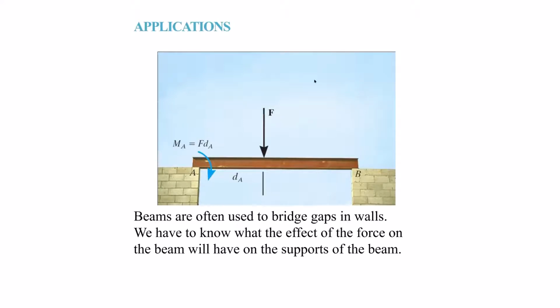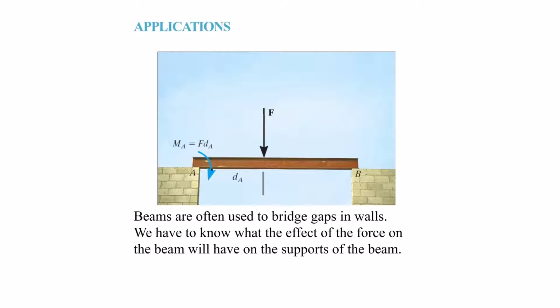Well, for the second part, we have to think about it in terms of moments. Now, a moment about a point is basically defined as a force times a distance. The force that you have to be concerned with is acting at a 90-degree angle, or perpendicular, to the line or the beam or the connecting point that we're interested in.